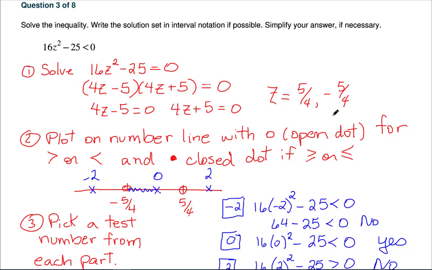I take those numbers and I plot them on a number line. So here's minus 5/4, here's a positive 5/4. Now I plot them with an open or closed dot, simply depending upon the inequality in the problem. So ours does not have an equals, and so these are open dots.